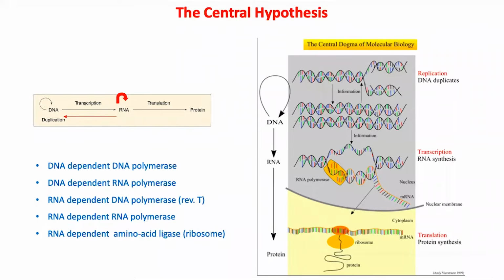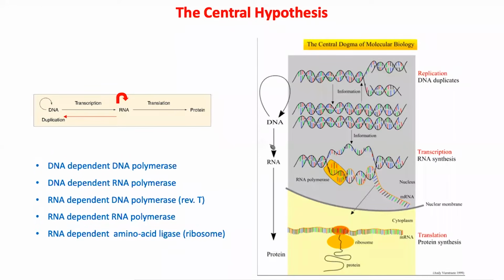Now, one of the things which I will not really talk about too much, but we'll get to at some point, is that all of these are basically proteins. So the enzymatic activity of all these four molecular machines is based on protein. But the last molecular machine, the ribosome, turns out not to be a protein enzyme. It is actually an RNA enzyme. And there are implications for this, which I will talk about at some later point.